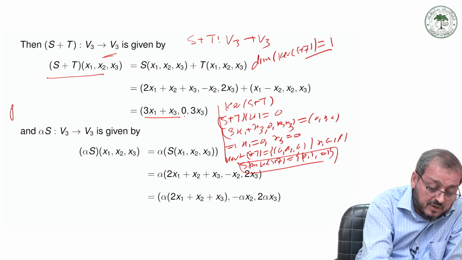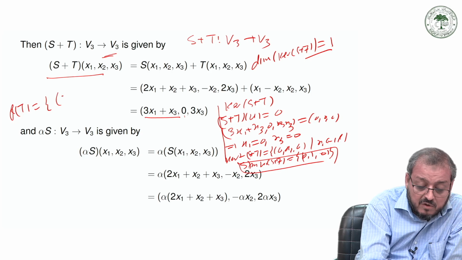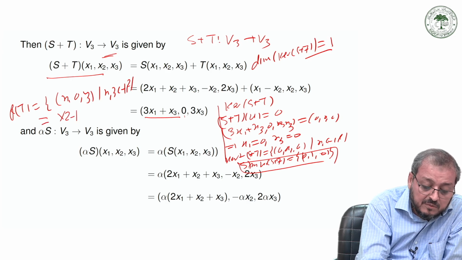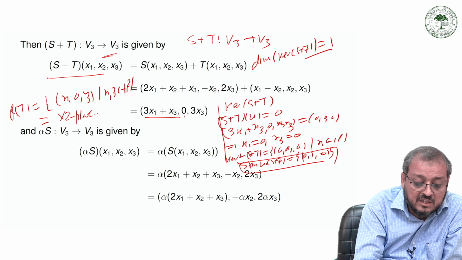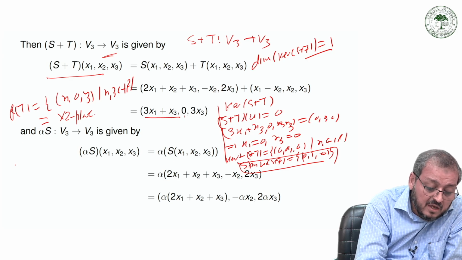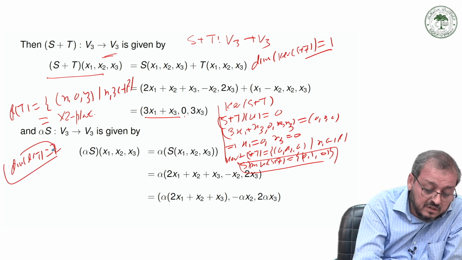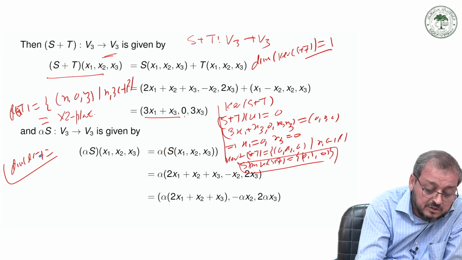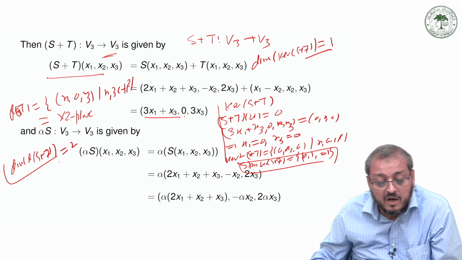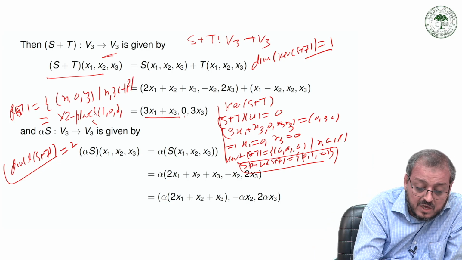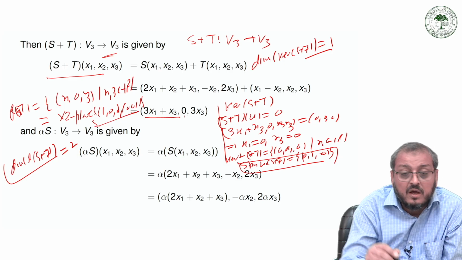So, the range of s plus t is of the form x, 0, z such that x and z are elements of R. So, this range is the xz plane, and if we find the dimension, the dimension of the range of s plus t is 2, because we can write this in the form 1, 0, 0 and 0, 0, 1. These are the two elements in the basis.